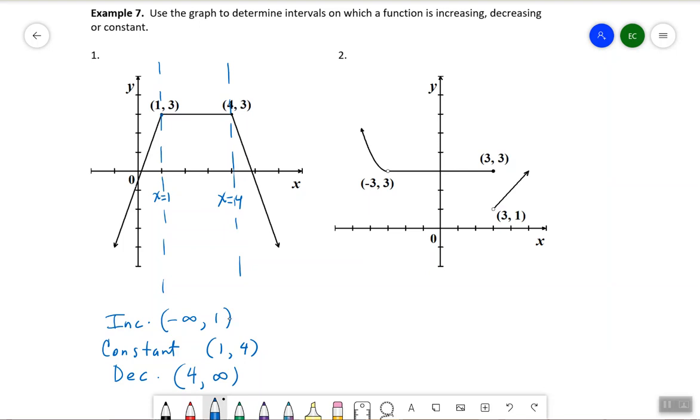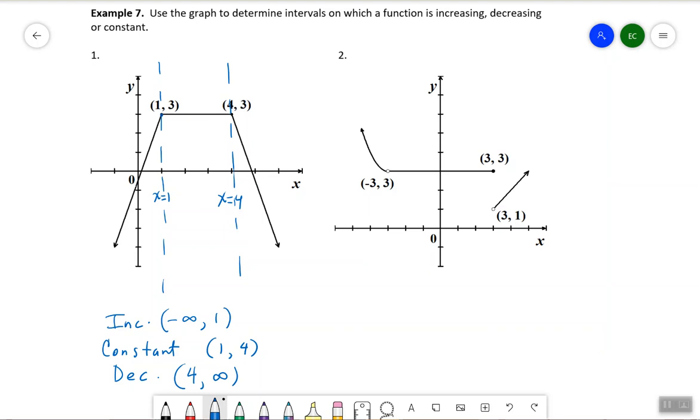One more thing I want to say about this answer. Notice we're using parentheses, not brackets. Even though there is a point here at 1, 3, we don't want to use a bracket to include that point.